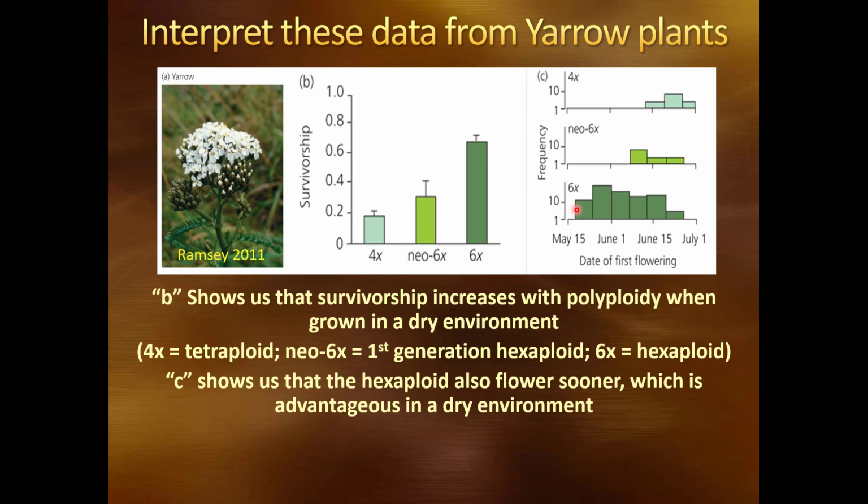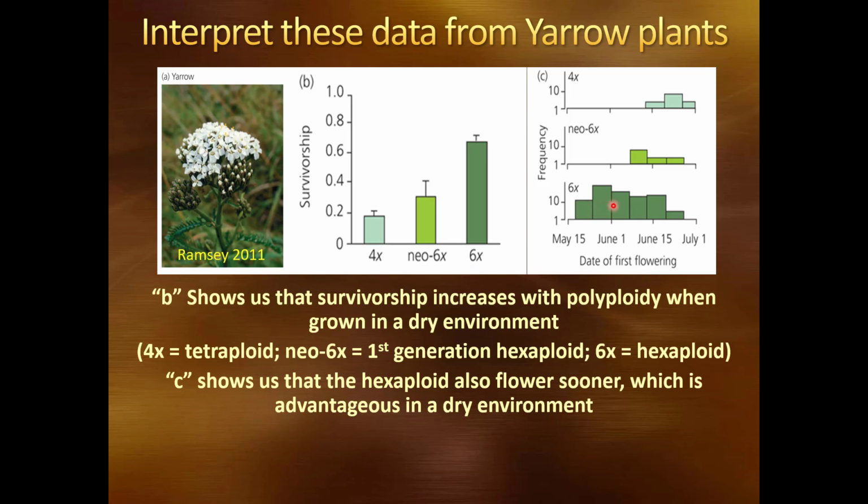Look at the expanded flowering dates that you have for that hexaploid individual. Your tetraploid individual was very isolated into flowering in a short time frame, in late June to early July. And now this hexaploid can start flowering much sooner and has a much longer time frame for flowering.